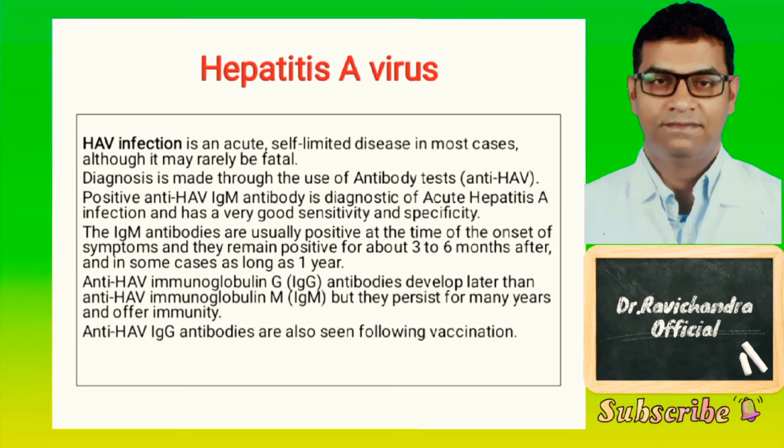IgM antibodies are usually positive at the time of the onset of the symptoms and will remain positive for 3 to 6 months after that, and in a few cases up to 1 year. Anti-HAV IgG develops later than IgM, but it persists for many years and offers immunity. Anti-HAV IgG antibodies are also seen following vaccination.